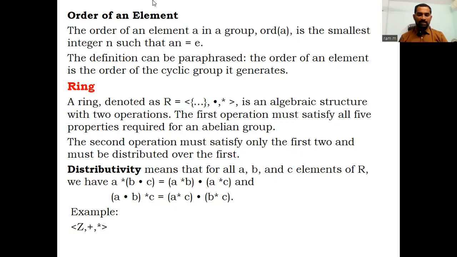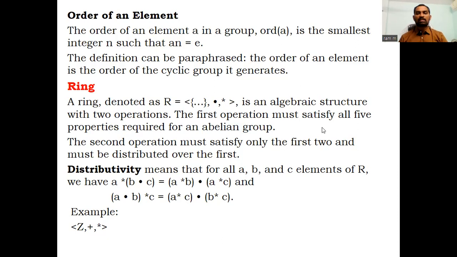Now, a group is a set of elements along with a binary operation which satisfies four properties: closure, associativity, an identity element, and an inverse element. If it satisfies one more property, commutativity, then we call it an abelian group. A ring is an algebraic structure with two binary operations.